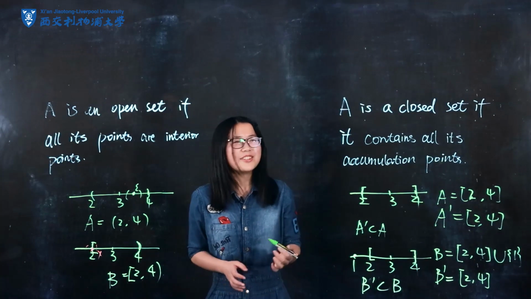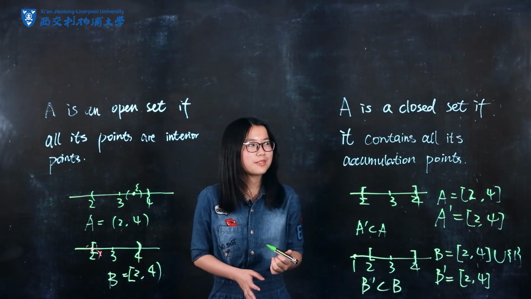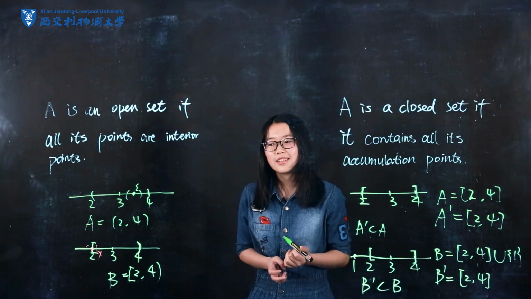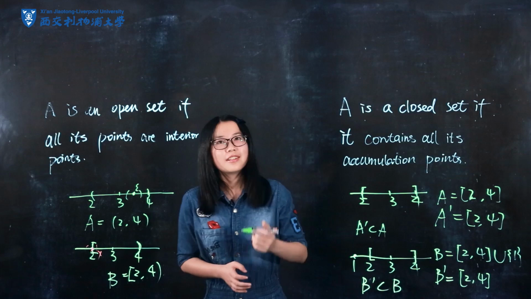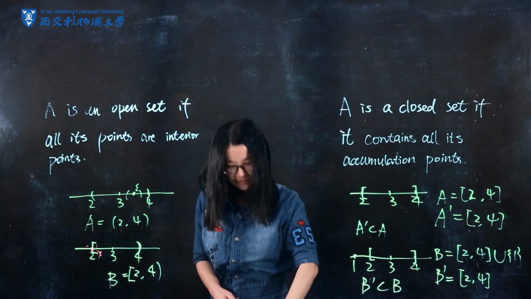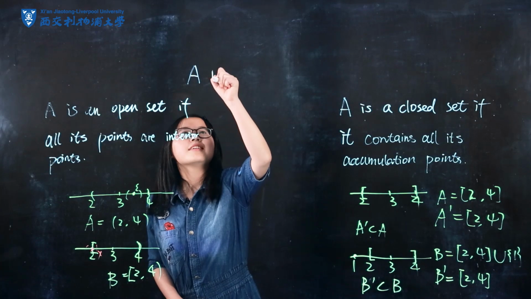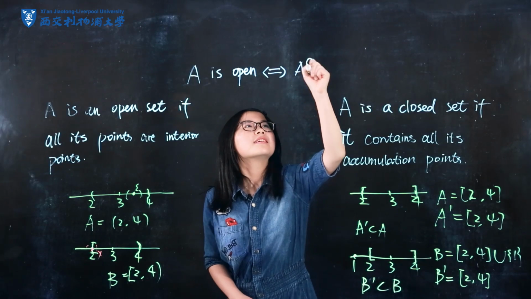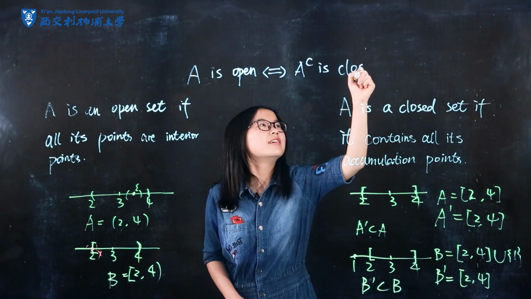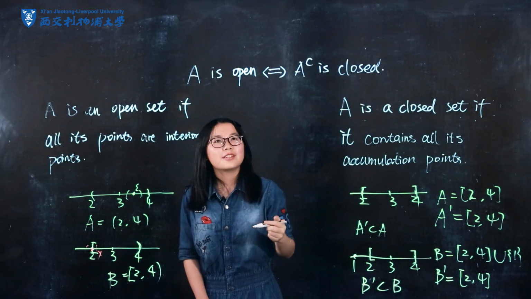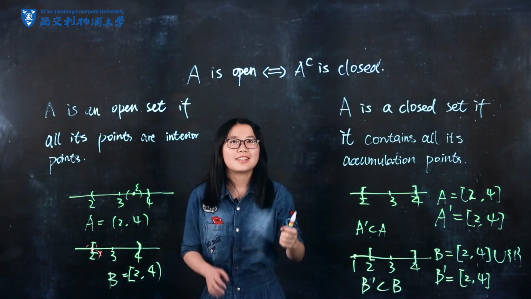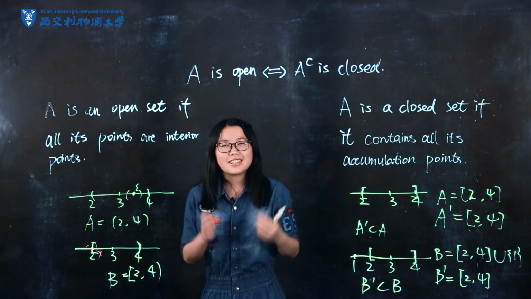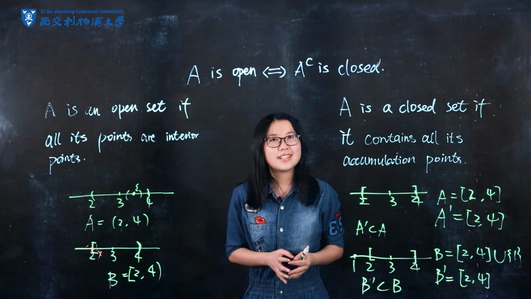Actually, there is another trick to figure out whether a set is closed or open: you can check its complement. A is open if and only if its complement is closed. By saying that, I'm not saying that a set being open is the opposite of a set being closed. Actually, a set can be both open and closed simultaneously.